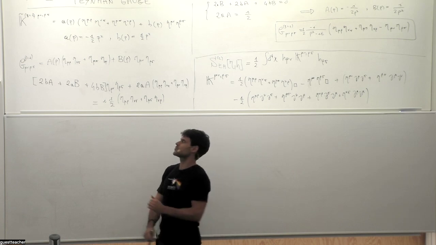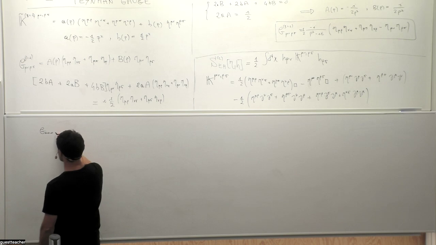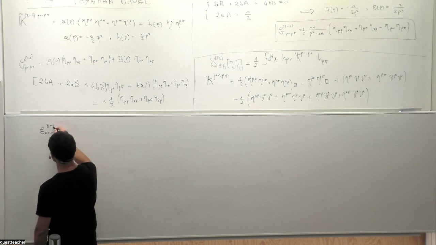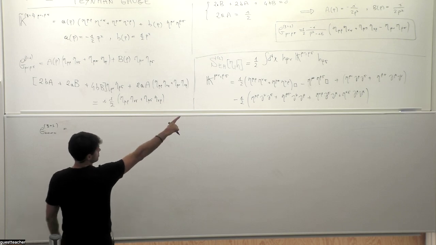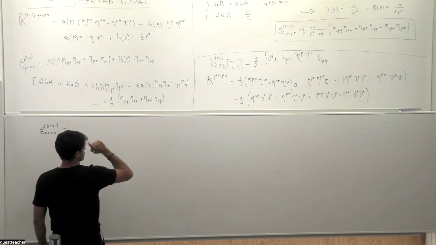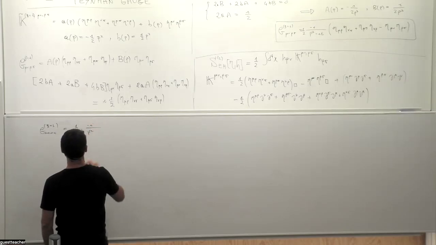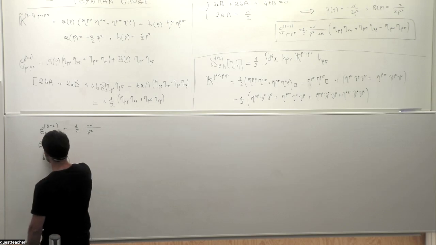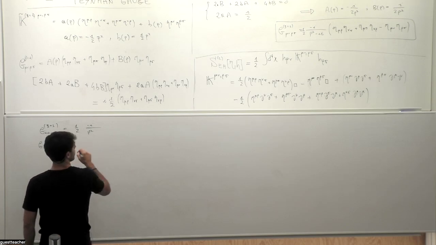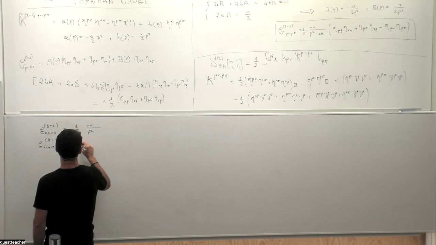But if you write that expression, you will have G0000 in the Feynman gauge, which is 1 over minus p squared. Let's forget the i epsilon now. You may have G1111, which is again the same.